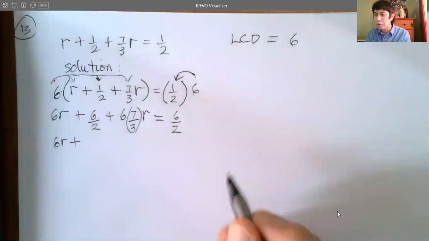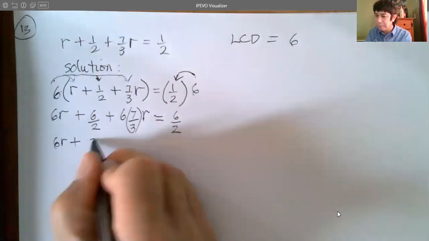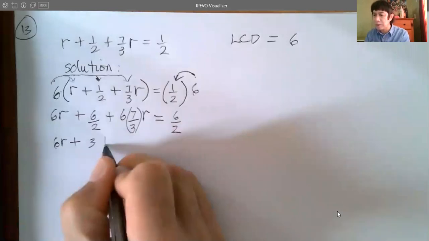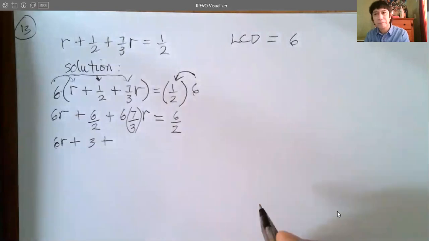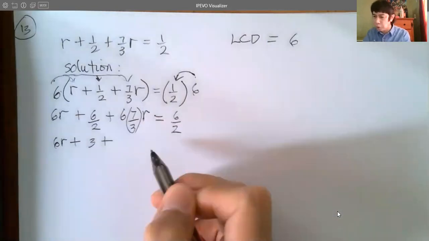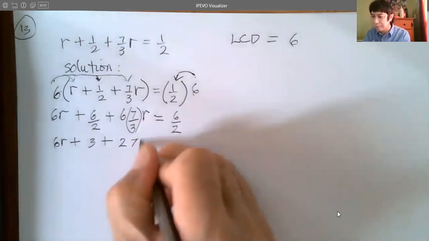And this 6/2 means 6 divided by 2, which is just number 3. And this 6 times 7/3 is the same as 6 divided by 3, which is 2, times the 7R.